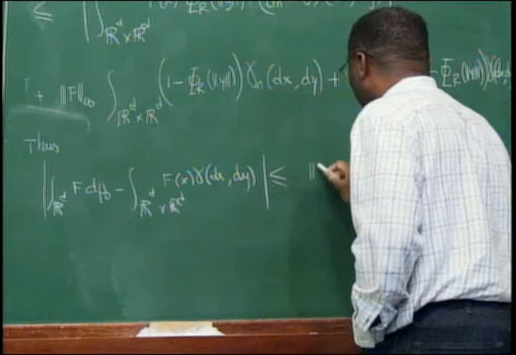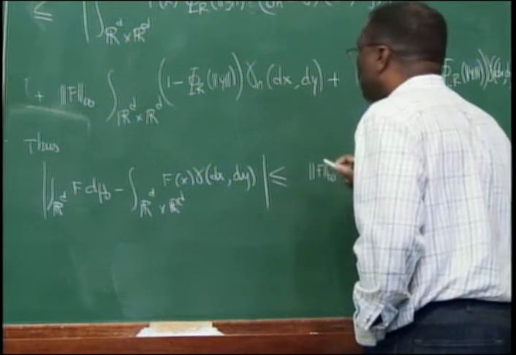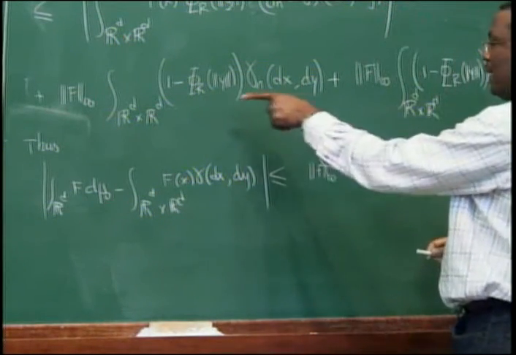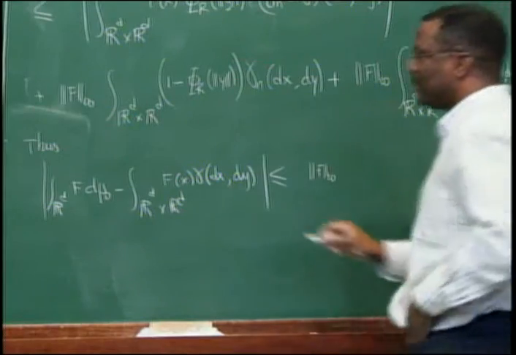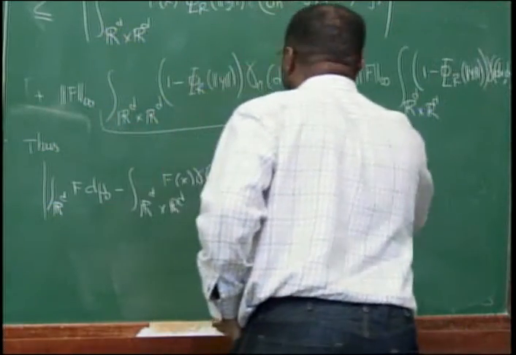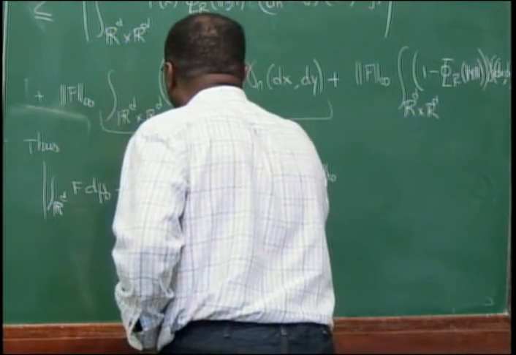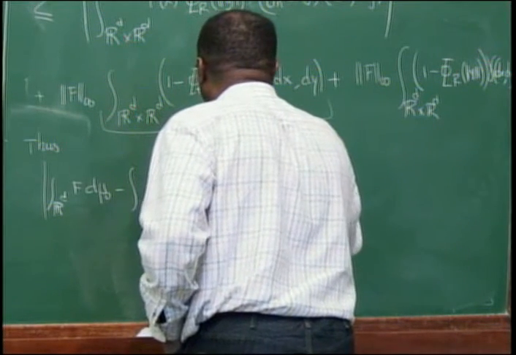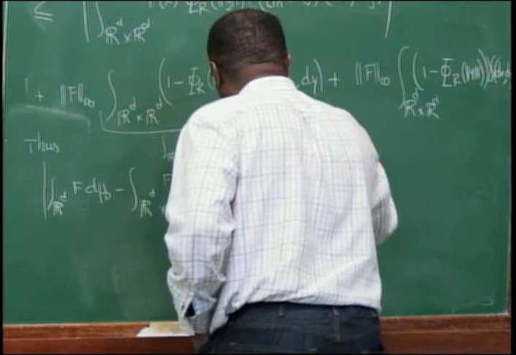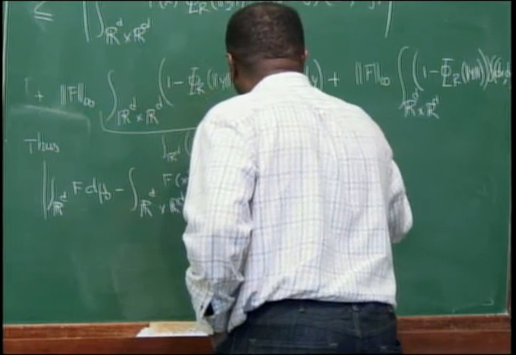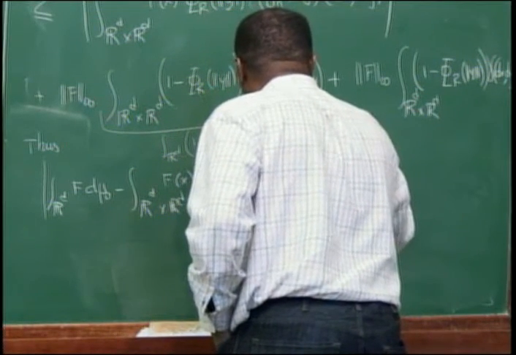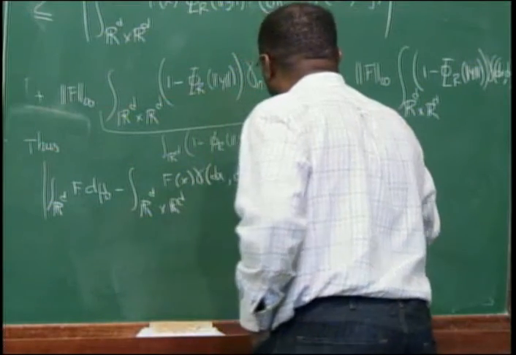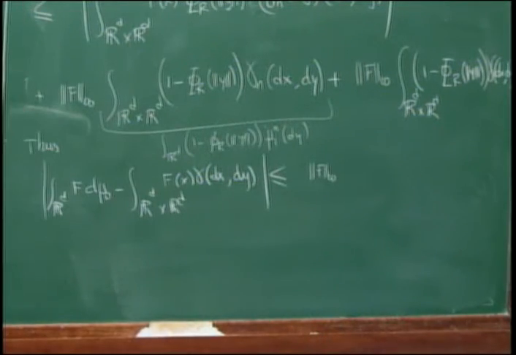I'll have the L infinity norm of f. Now, I am going to use that this is the integral over Rd, 1 minus phi r of y, mu 1 n dy. The second marginal of gamma n is mu 1 n.